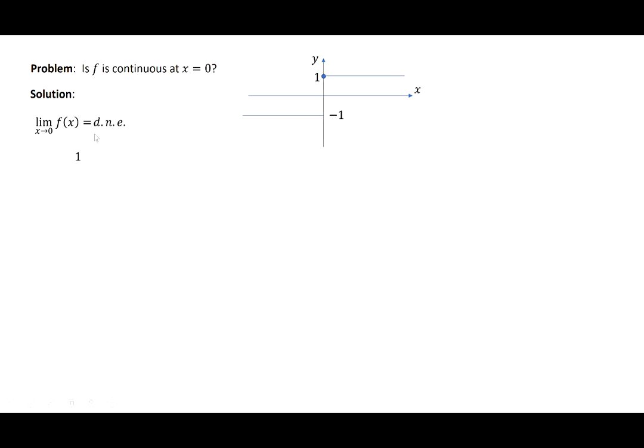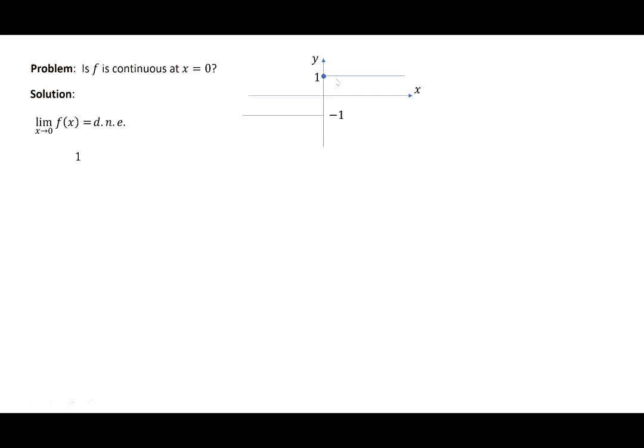I seem to claim that the limit does not exist. What? On what grounds? On the grounds that the right-hand limit, tell me this, what is the right-hand limit? What is the limit of f of x as x approaches 0 from the right?